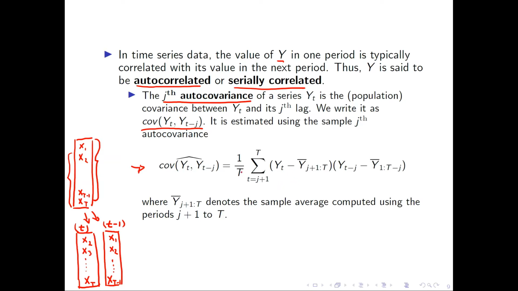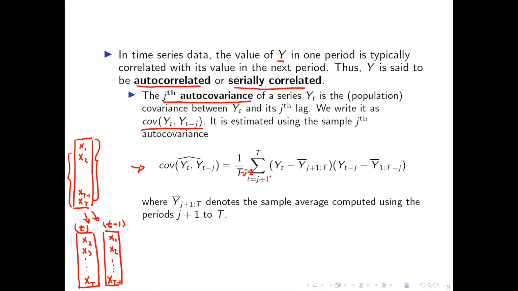But the equation is such that this should either be an approximation, or it should have the t minus j minus 1, right? So this is to get the unbiased sample covariance or autocovariance between the yt value and the jth lag.